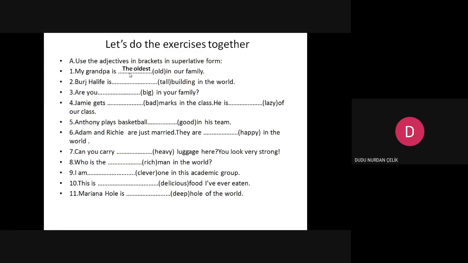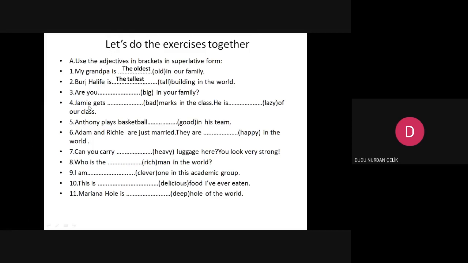My grandpa is the oldest in our family. Burj Khalifa is tall building in the world. And the superlative form of tall is, that's right, exactly right. The tallest building in the world.